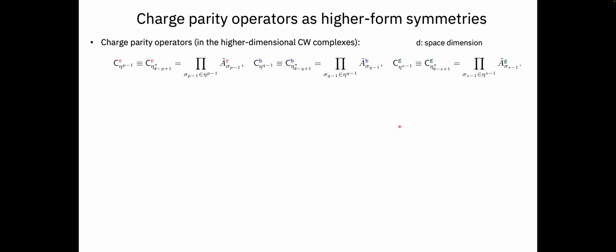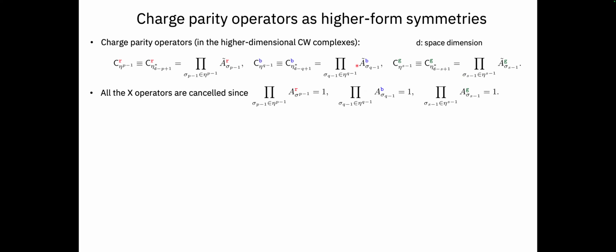But I'm close. One important property of quantities in this type of model is the so-called charge parity operator. Here we again start from this high-dimensional CW complex description, which is more conventional. It's defined as the product of the dressed X stabilizers.